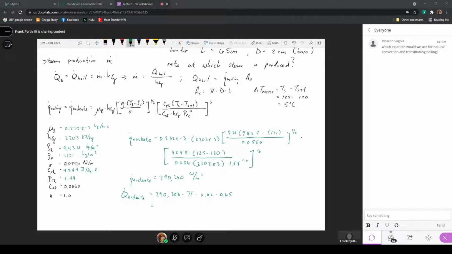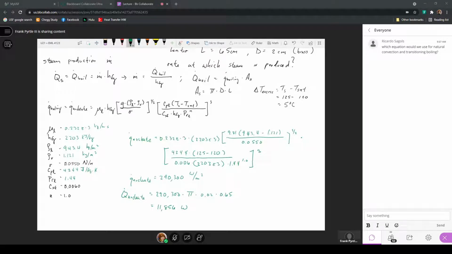And we can calculate now what is the heat transfer rate actually into the water. So here, this expression then is a heat transfer rate of 11,856 watts.